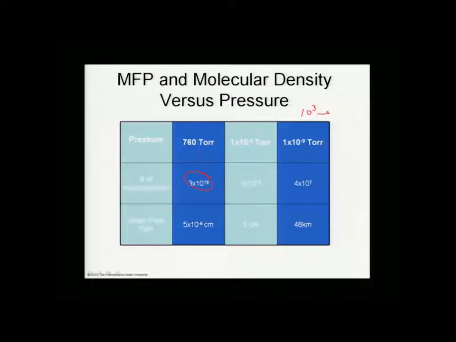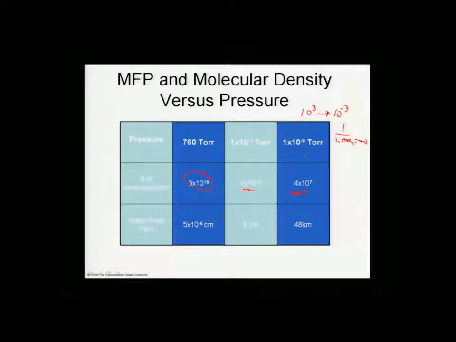So you've reduced the pressure by 1,000,000 times. And if you do that, then the number of molecules per cubic centimeter is down to 10 to the 13. And if you reduce it further, down to 10 to the minus 9 torr, then the number of molecules per cubic centimeter is 10 to the 7.